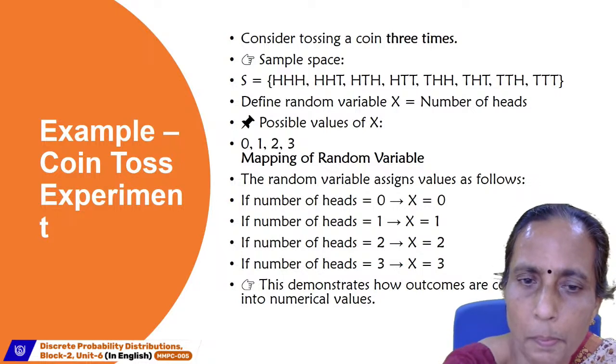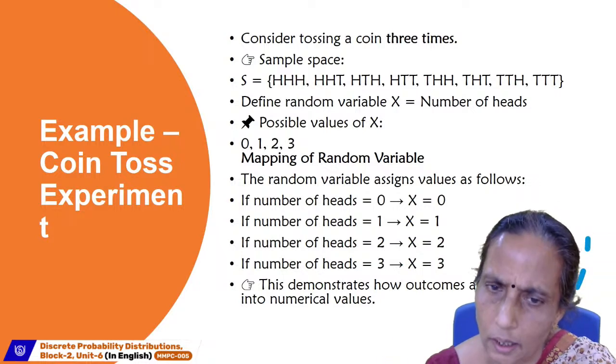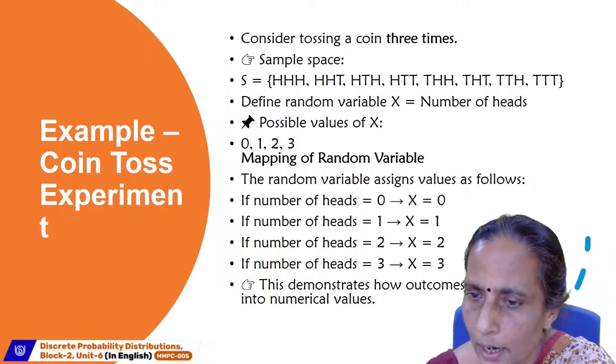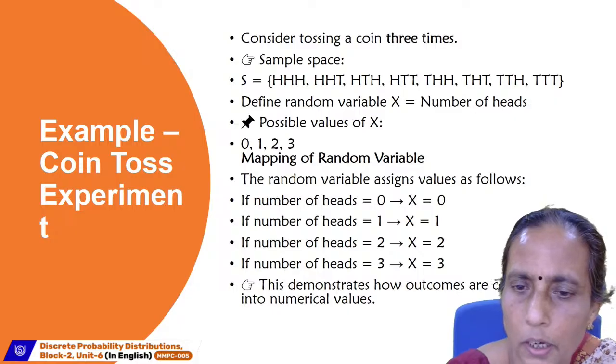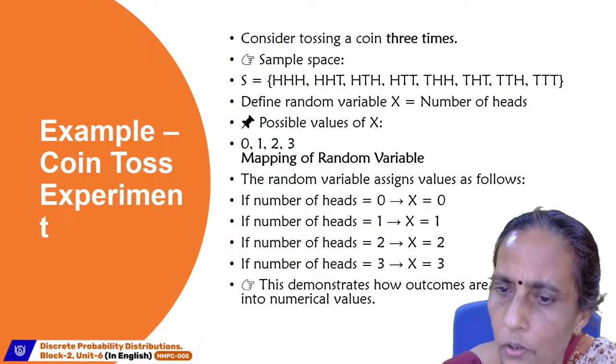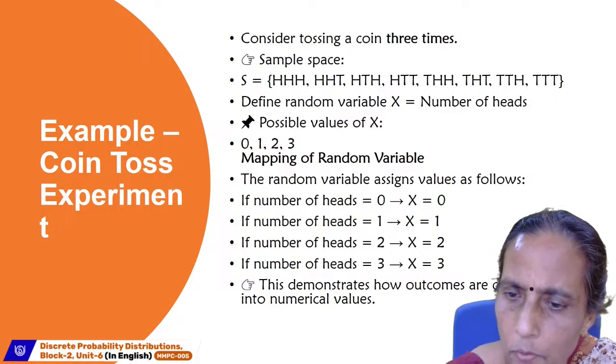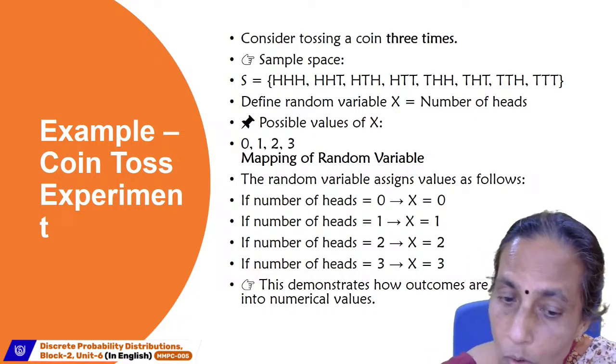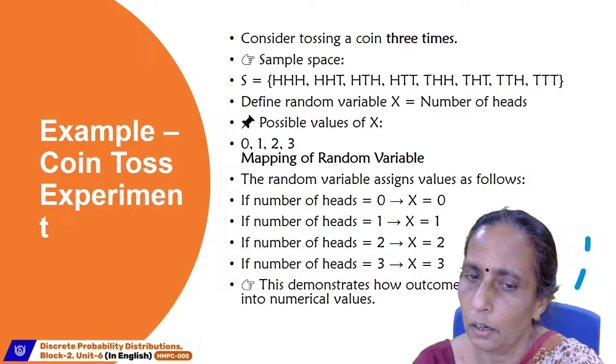The number of heads may be 0, 1, 2, and 3. So the mapping of the random variable goes like this. The random variable assigns values as follows. Suppose the number of heads is 0, so X is 0. And if it is 1, then X is 1, and so on. This demonstrates how outcomes are converted into numerical values.